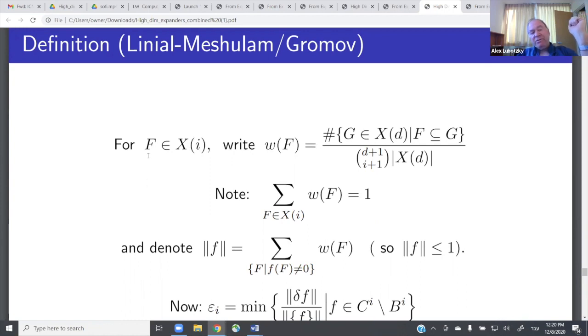Let f now be some cell in Xi. We define the weight of f to be the number of top dimensional cells containing it divided by the total number of d-dimensional cells, and there is a normalization factor here, d plus 1 over i plus 1.